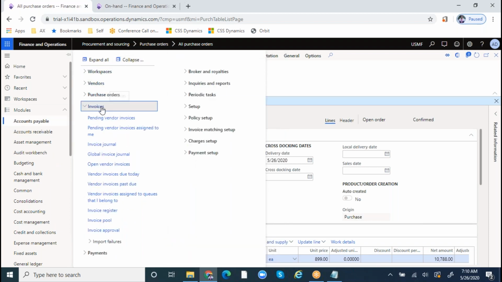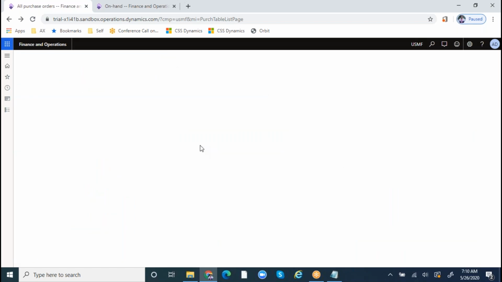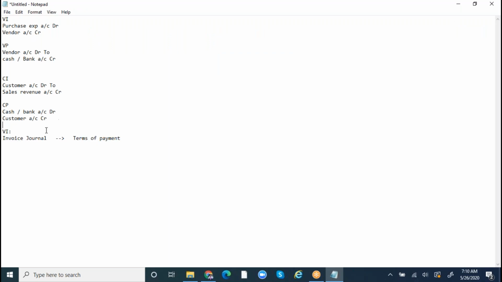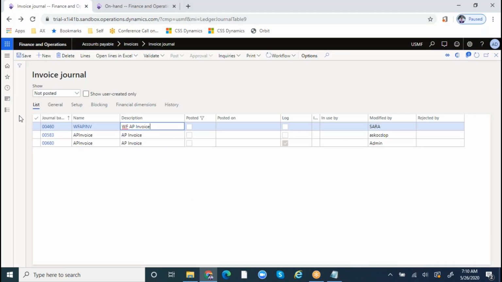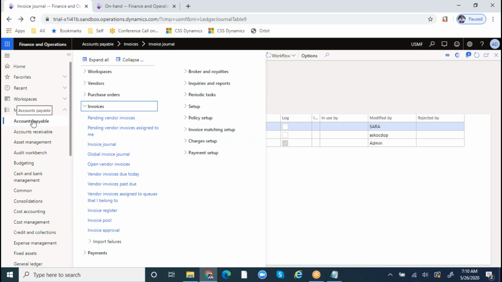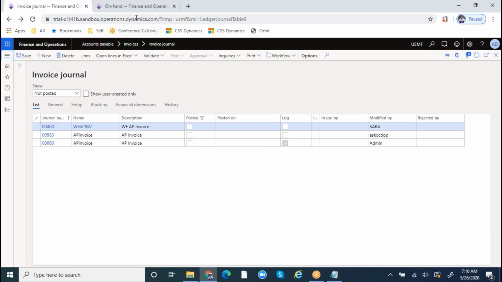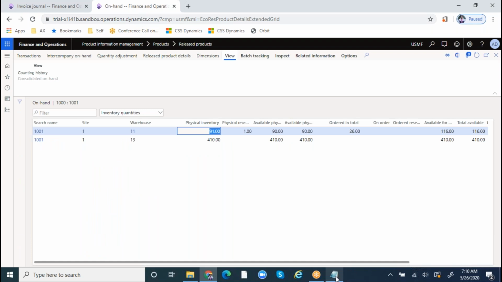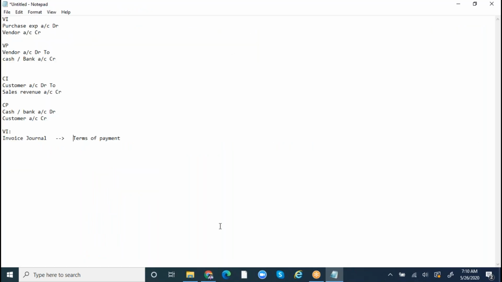Click on invoices, invoice journal. This is the invoice journal. So for the vendor invoice, this is the path: accounts payable module, invoices, invoice journal. Now I'm introducing the new word terms of payment.